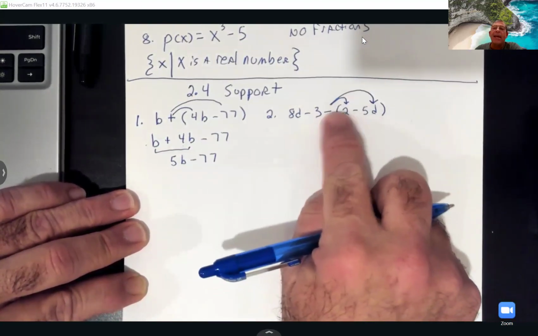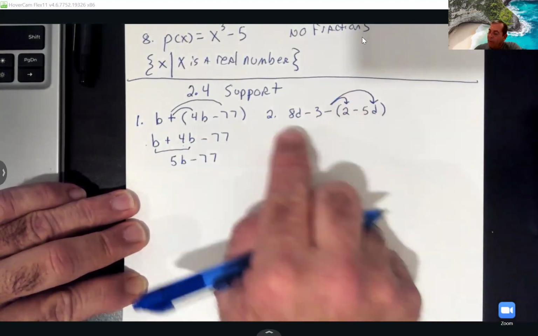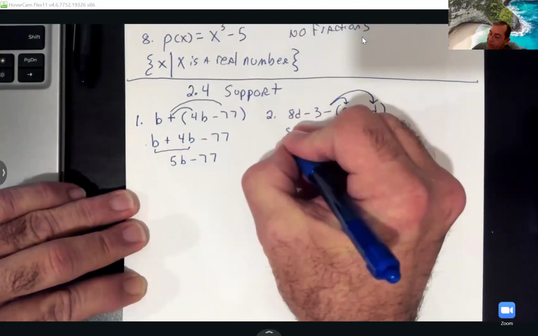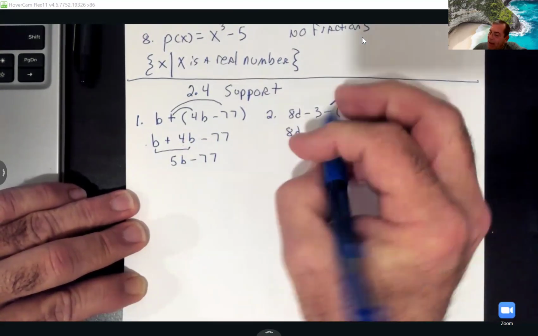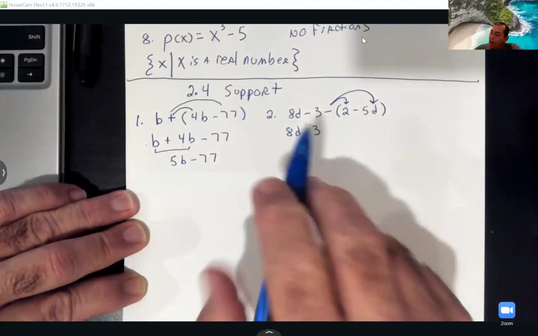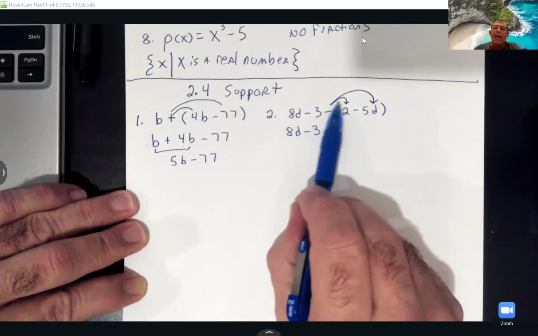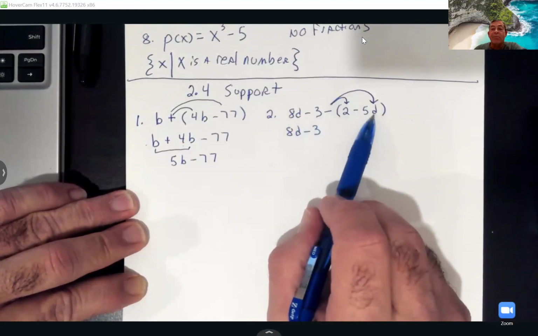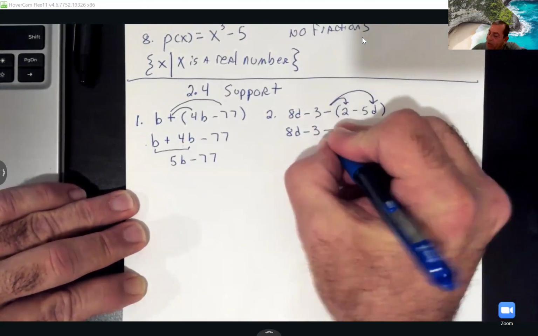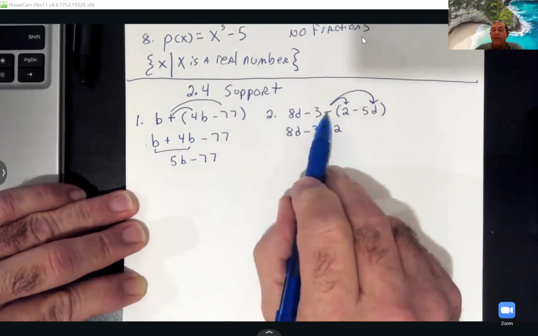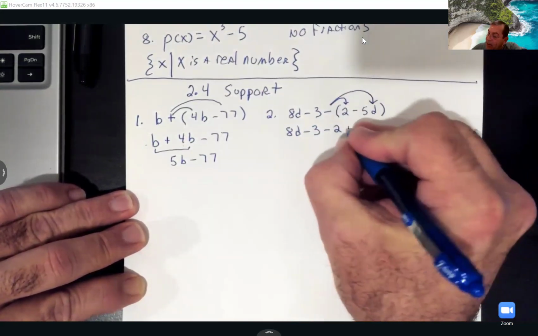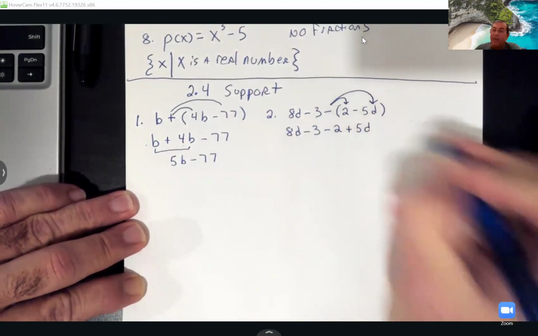Because remember, that's like a -1 getting multiplied through. So this D is not in parentheses, bring it down. It's -3, not in parentheses, bring it down. But now you're going to distribute that negative to everything inside these parentheses. So a negative times a positive makes that a -2. And then that negative times that -5D makes that a positive 5D.